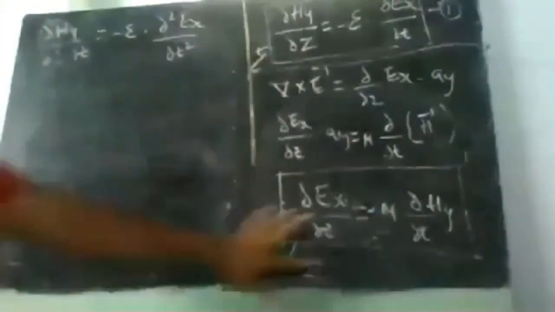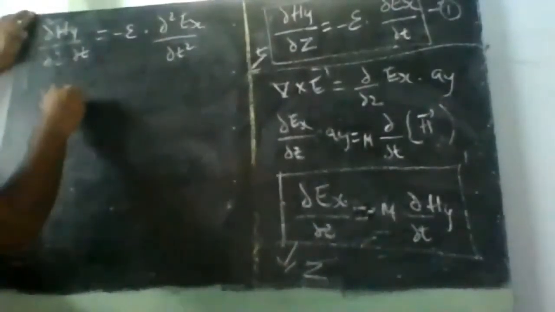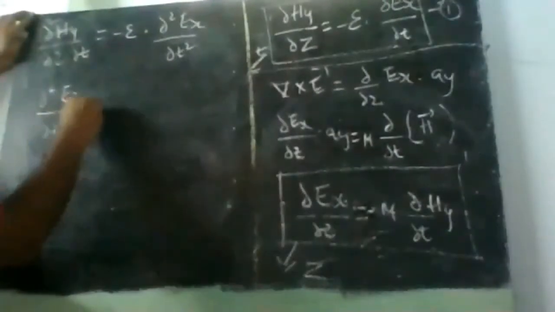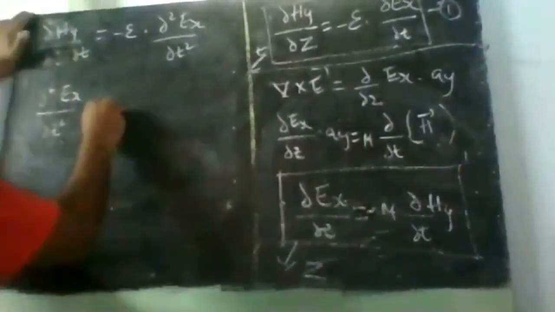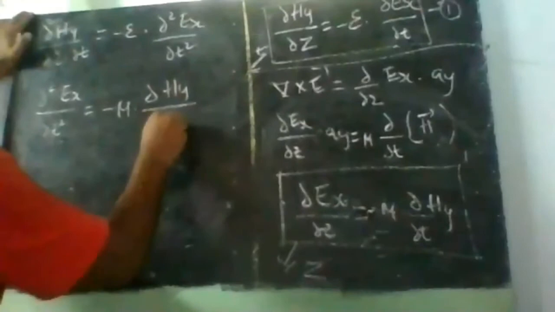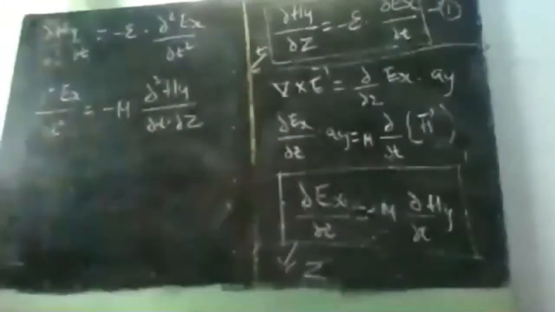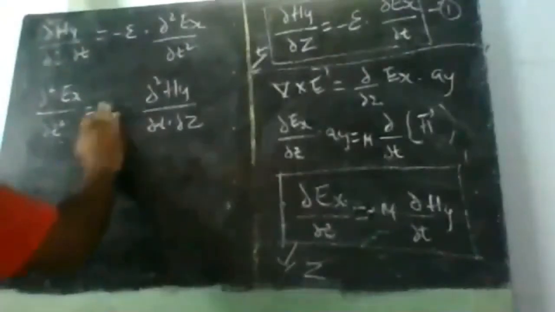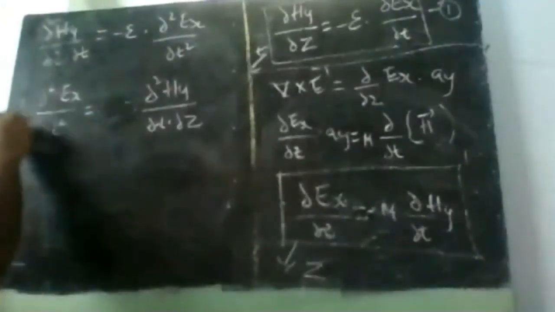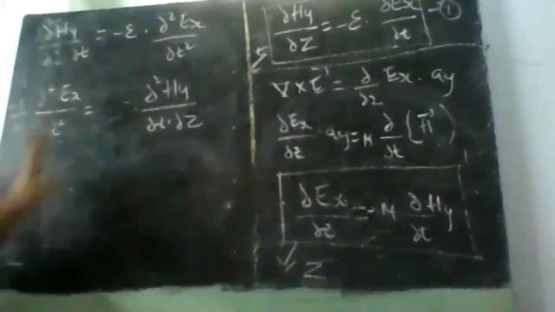Differentiating this expression with respect to z, on this side I have dou square Ex by dou z square is equal to minus mu into, mu is a constant, dou square Hy divided by dou t dou z. If I send mu to this side, it will be minus 1 by mu.